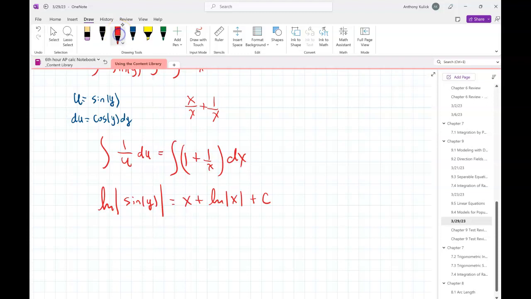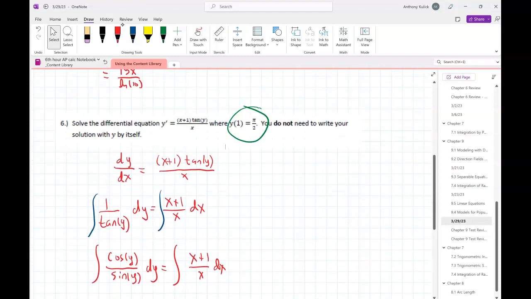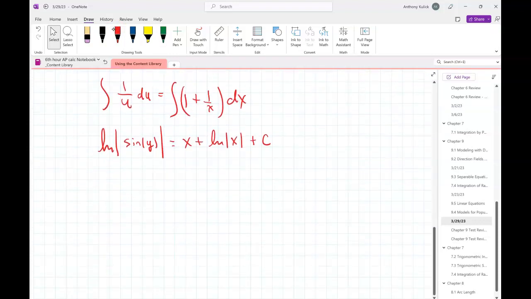All right. So we have x. This initial condition tells us x is equal to 1 and y is equal to pi over 2. So that's what I'm going to be plugging in down here to solve for c.